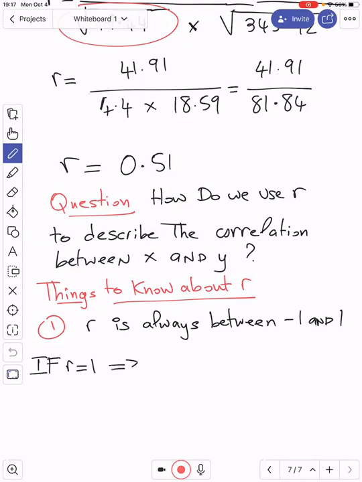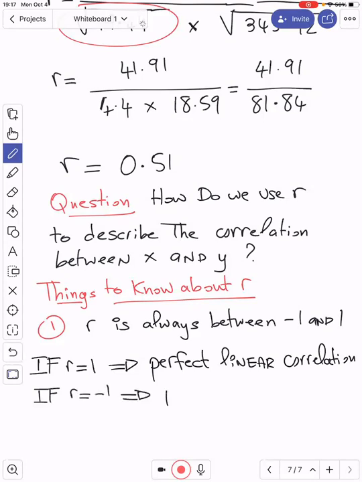And if R is -1, it's also a perfect linear correlation.